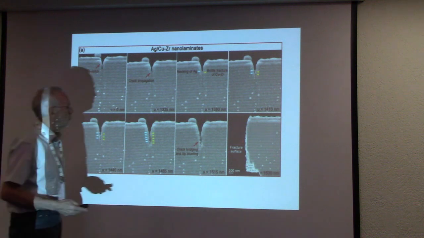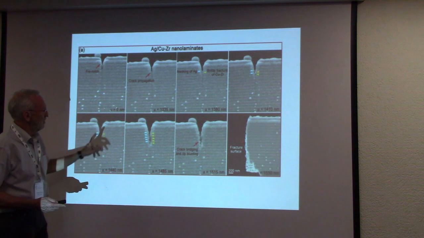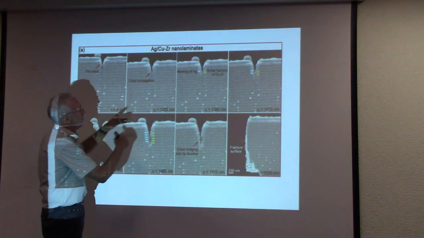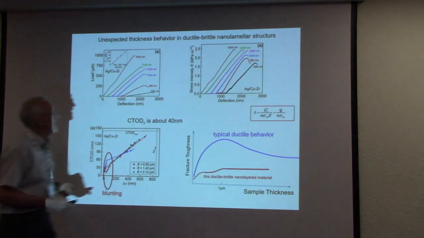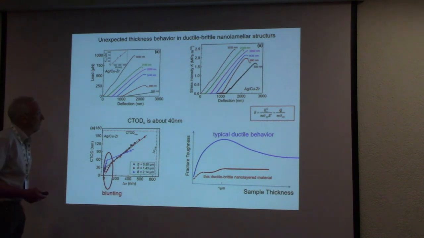It looks macroscopically like a brittle fracture, but what always happens is you get a necking of these very tiny silver films. And the result was quite surprising.